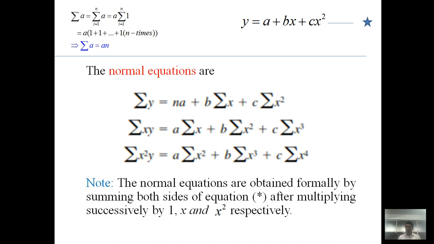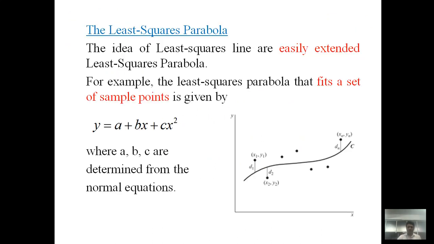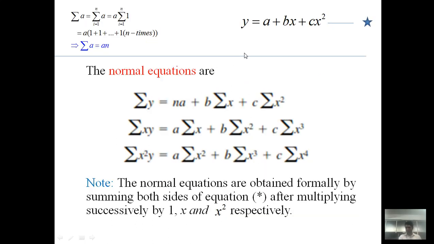The same way we apply the least square method to obtain a least square line, without going through the whole procedure, we just write down the normal equations corresponding to the least square parabola.